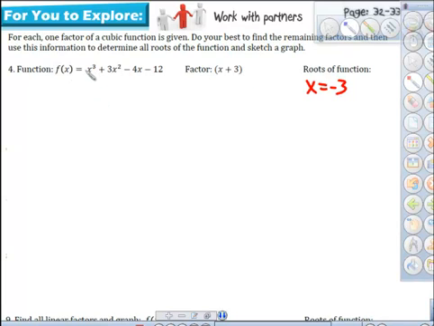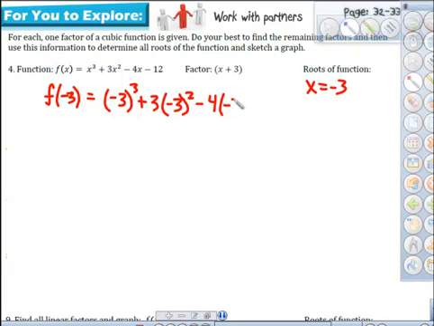If we take this function and evaluate it at negative 3, it would look something like this. We take that x value and cube it, then square it, then multiply it times 4, and then we've got the 12. Watch what happens. I know this looks intense, but it's really not that bad.